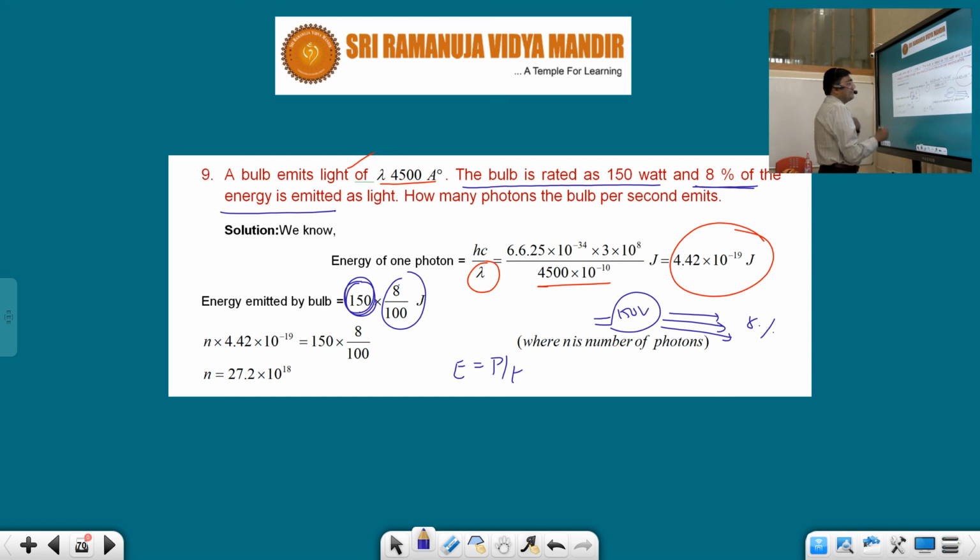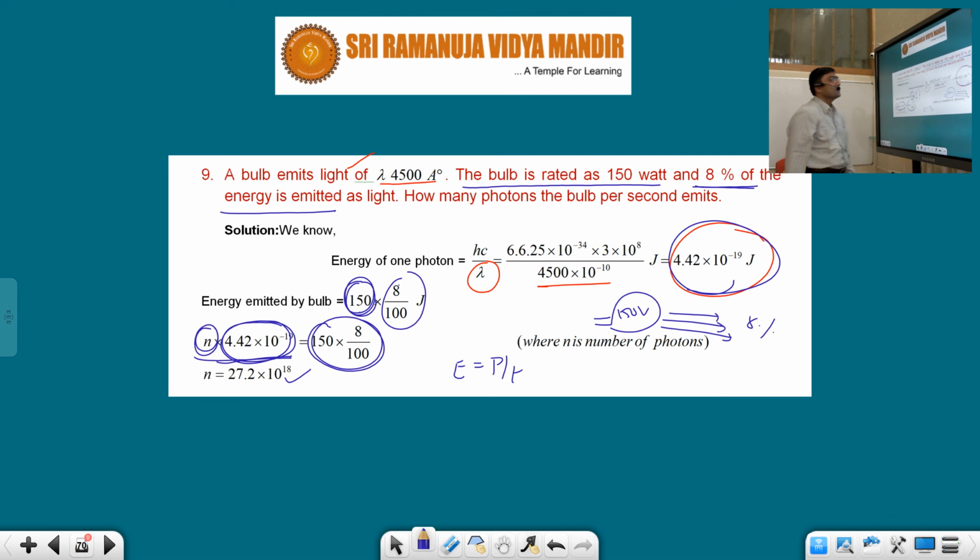So here try to understand. The first thing is the energy emitted by the bulb. How much is coming here? 4.42 into 10 power minus 19. This is for one photon. How many photons are there? We don't know. So that's why n into 4.42 into 10 power minus 19. But how much energy is emitting? 150 into 8% only.